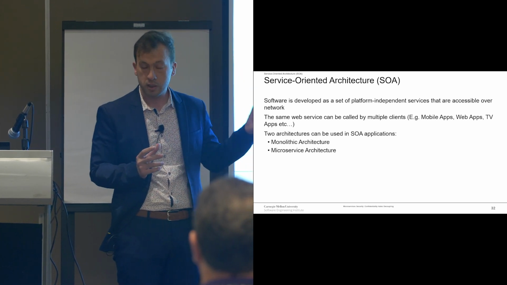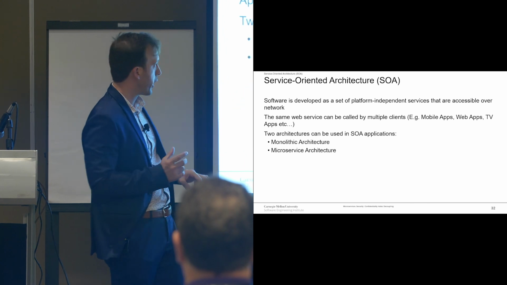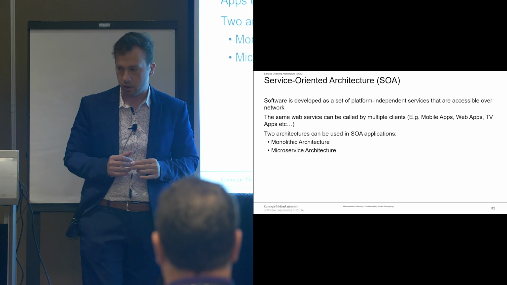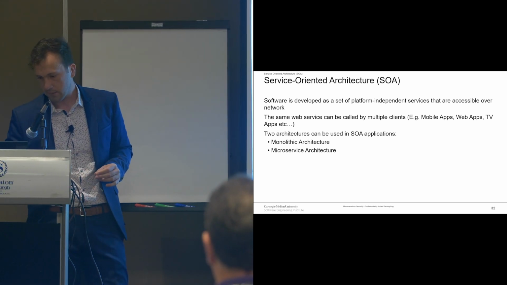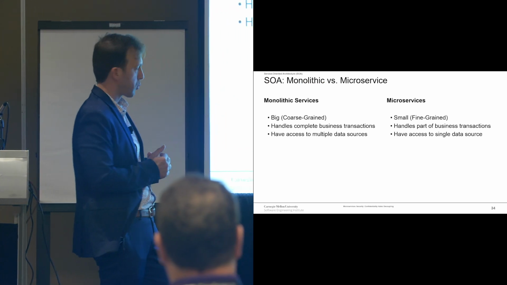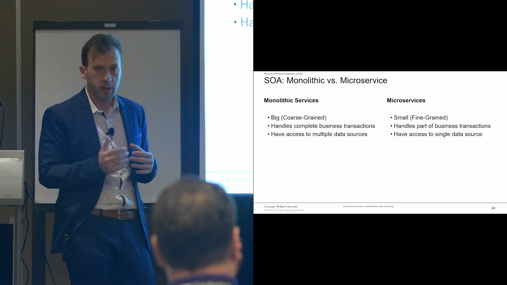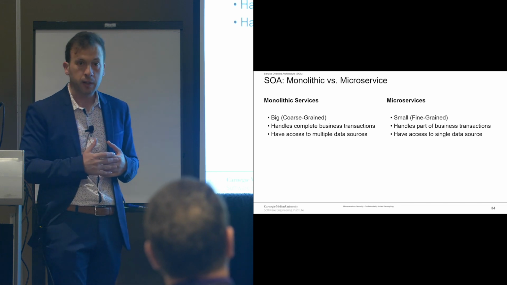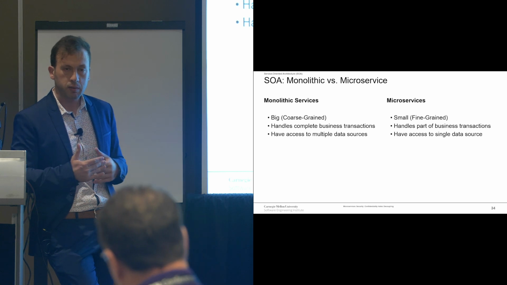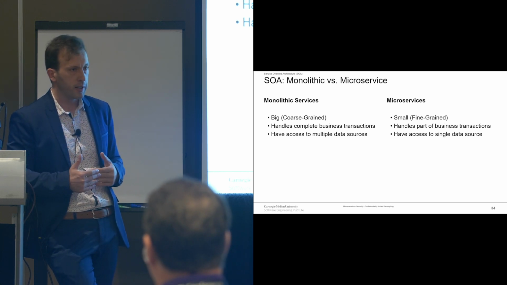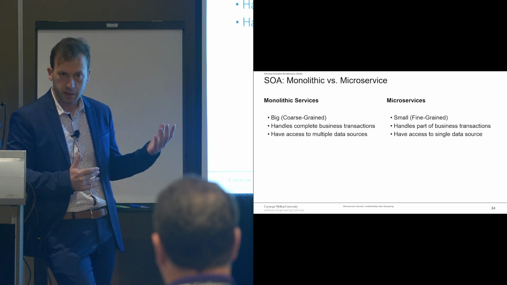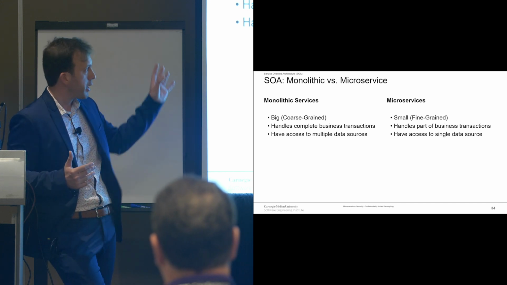But I'm going to focus on the difference between the monolithic architecture and the microservice architecture. So what's the difference? Monolithic services are usually big services. When I say big, that means different things. For example, the scope of the service is big, or the amount of business logic is also big, and so on.